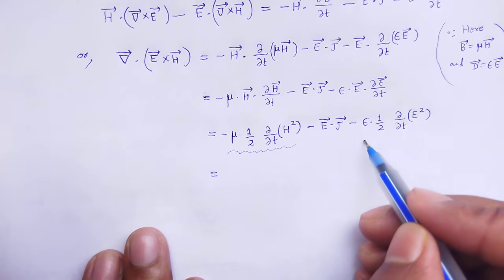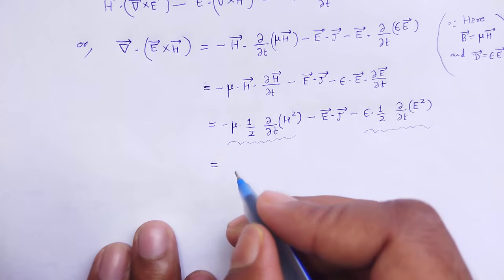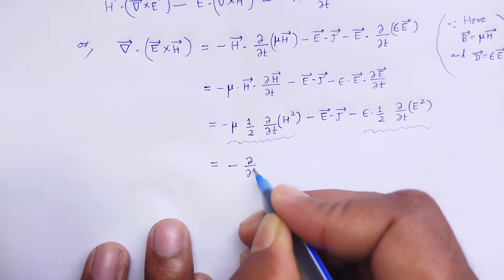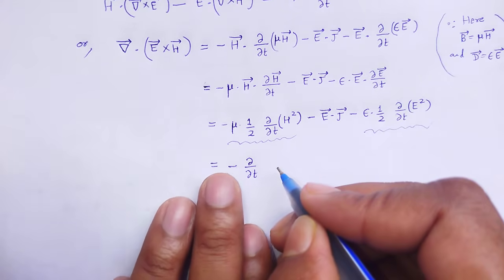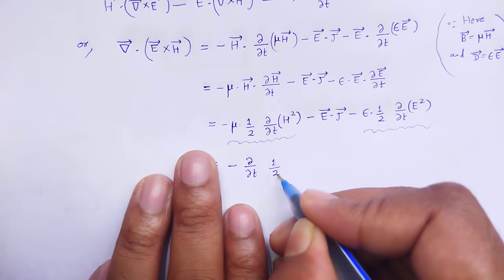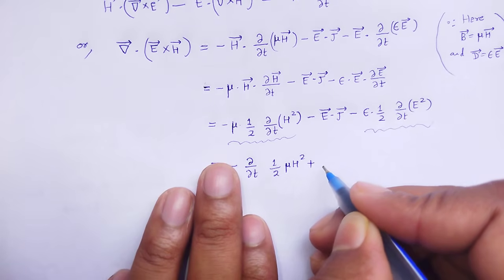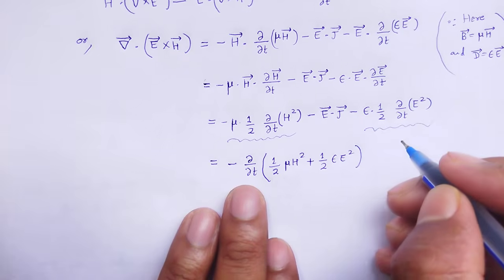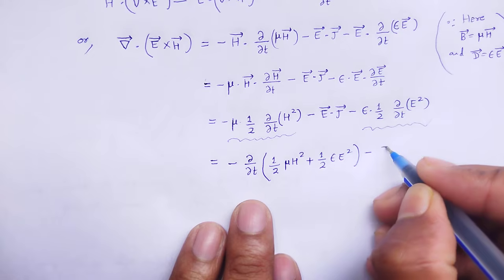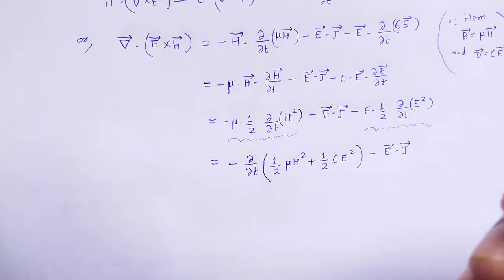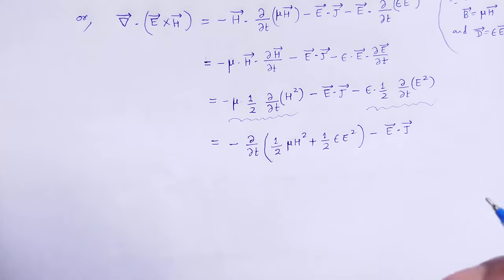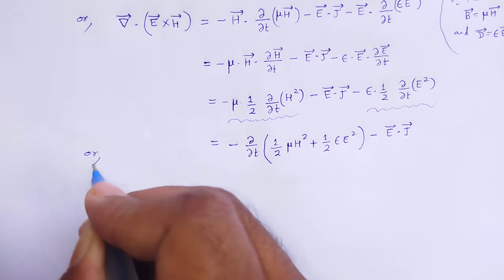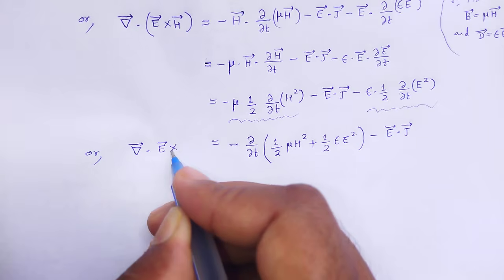From this, that term we write minus del by del T of half mu H square plus half epsilon E square minus E dot J. Grad dot E cross H.